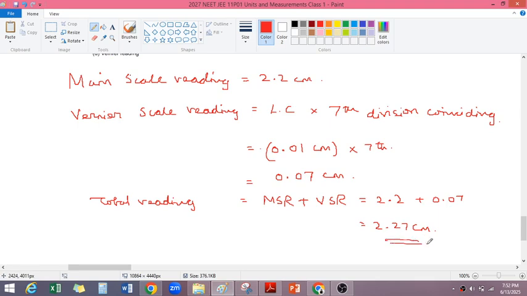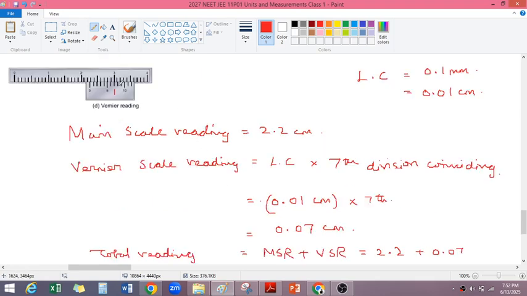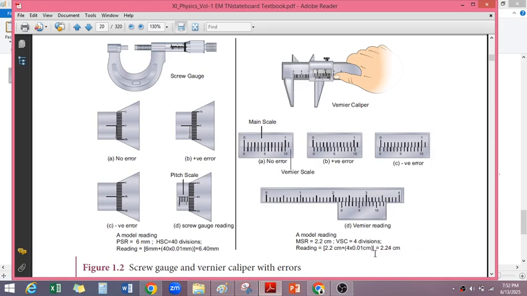Okay, so that's your reading in this picture. So let's see what they got in the book. 2.24. So I think they have taken 2.2 main scale reading, which is correct. Instead of the 7th division, they have taken the 4th division.